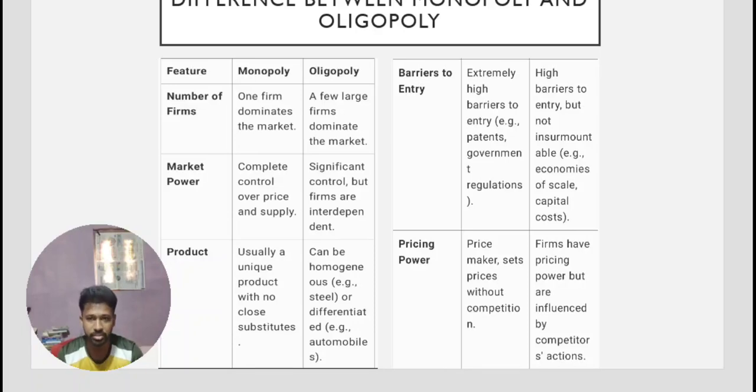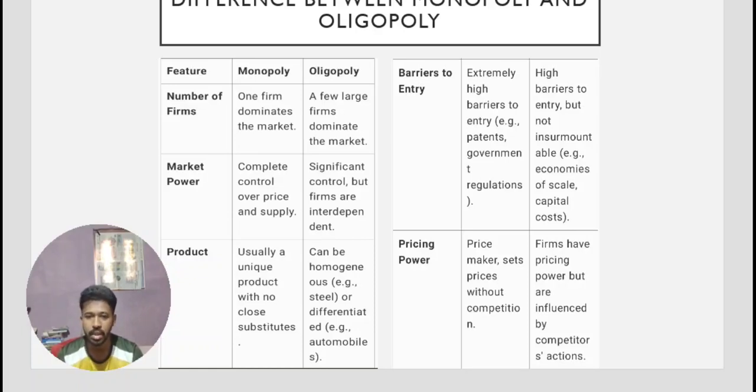Now the difference between monopoly and oligopoly. The feature, number of firms: in monopoly, one firm dominates the market, and in oligopoly, a few large firms dominate the market.